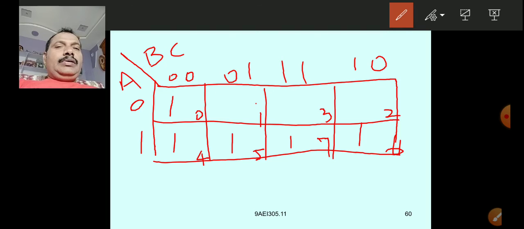Now the grouping of the cells, that is forming implicants, each group is called an implicant. Forming the implicants, you have to try to make a big size group, big size implicant. So here a group of 4 ones is possible like this.